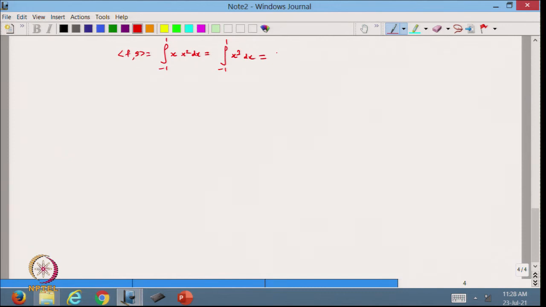So, if I take its integration from -1 to 1, it is going to be 0. Then I can say that the functions f(x) equal to x and g(x) equal to x square are orthogonal.